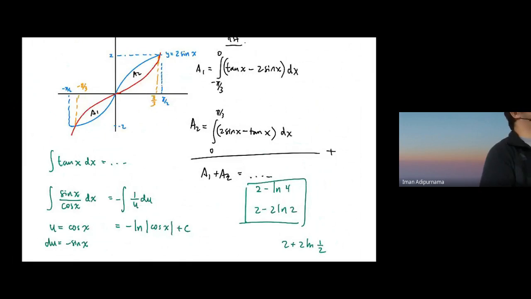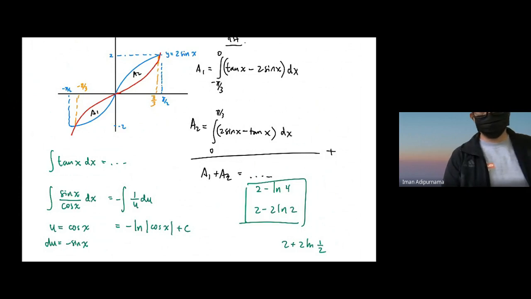I think mostly, especially this tangent. Okay, some of you may be confused with tangent and become the secant squared. Okay, that's the derivative.